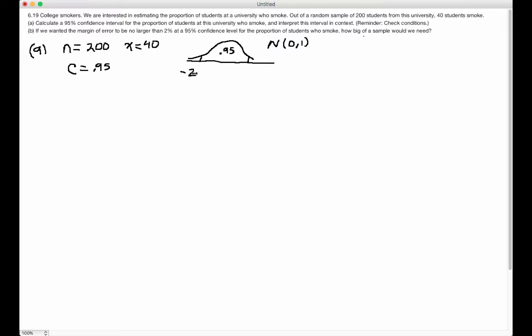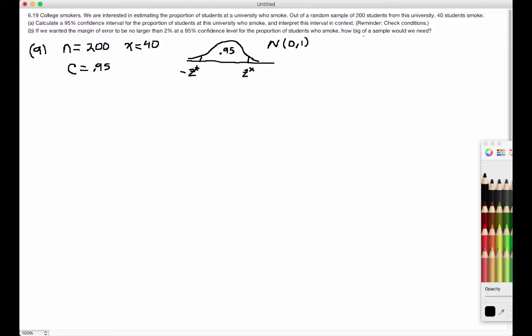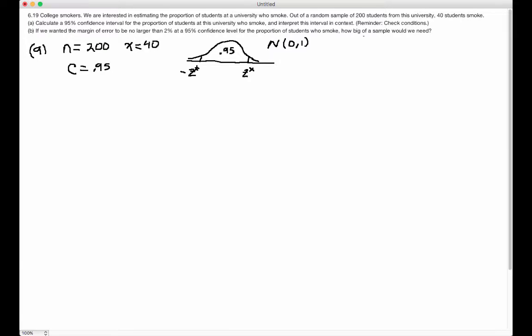You'll have a negative z star down here, and an upper value of z star up here, such that the shaded areas in the tails are each 2.5%. In other words, this area right here is 2.5%, and this area right here is 2.5%, so that the total between the two of those comes to 5%, which gives us 100% for everything.